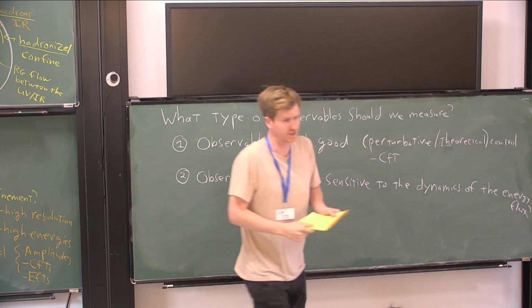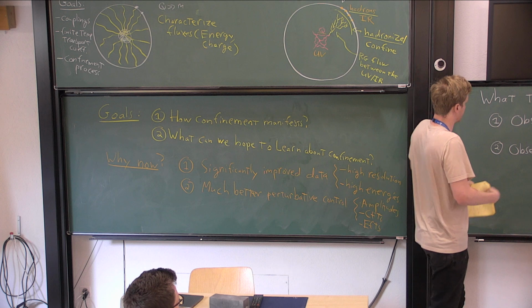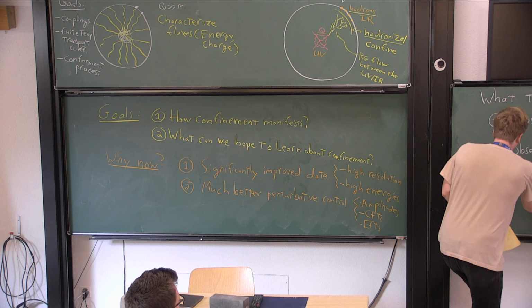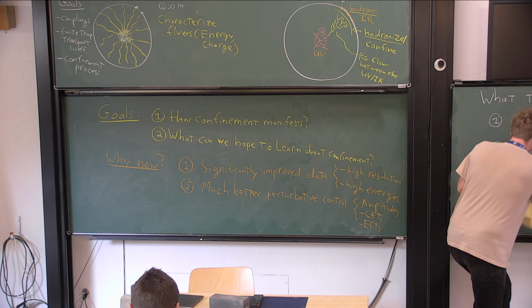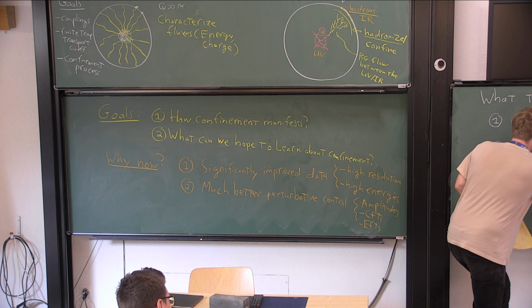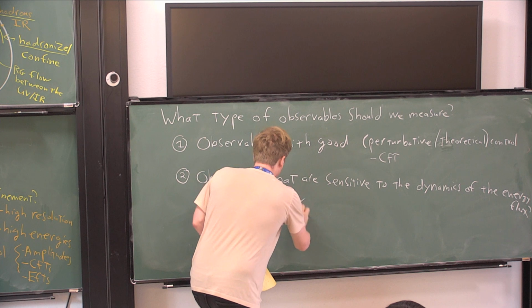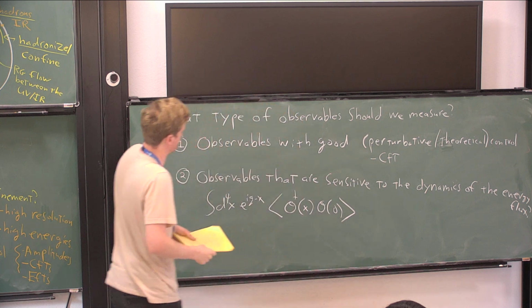So you can make extremely simple observables, which you can compute. For example, the thing that was obviously done first in QCD would be something like a total inclusive cross-section. And this is just, in the CFT language, like a two-point function. So the simplest thing you could possibly compute, and this is what goes by the name of a total cross-section, where we just have some two-point function like this.